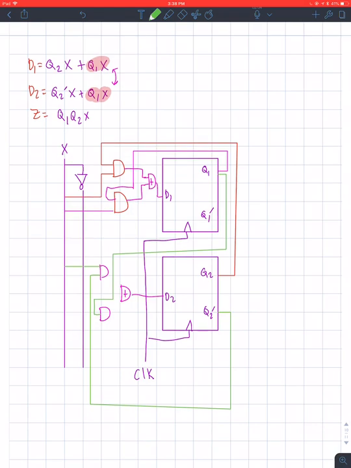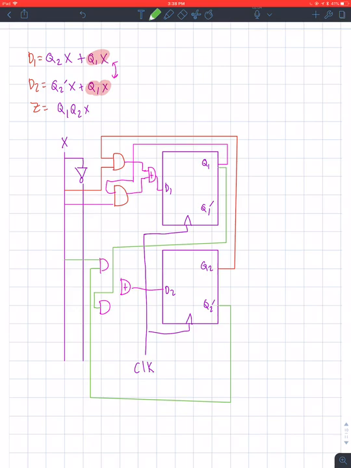Yeah, I'm not drawing these perfectly. I'll put a link to the actual solution to this question in the description. It'll be a lot neater. And then I have Q1 going into it, and that's X. And these just go together into this gate for D2.